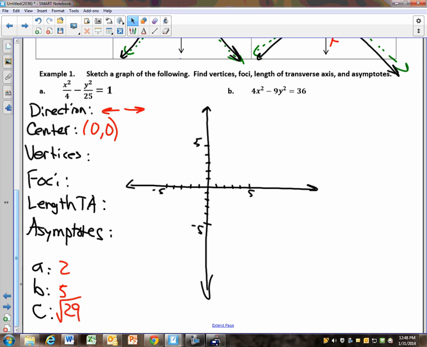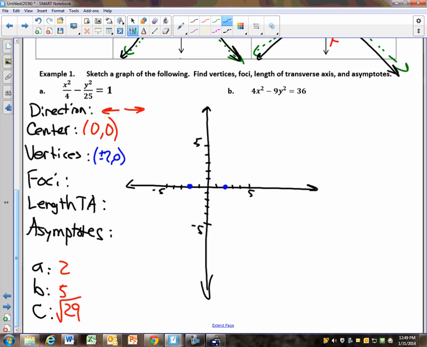How many units? Which direction? If you look right here, under the x there's a 4, so I go 2 units in the x direction. I go 5 units in the y direction. That tells you everything you need to know right there: 2 units in x, 5 units in y. So I'm going to go 2 units in the x direction. Got there and there. What is the location of those coordinates? Plus or minus 2, 0. Very good.